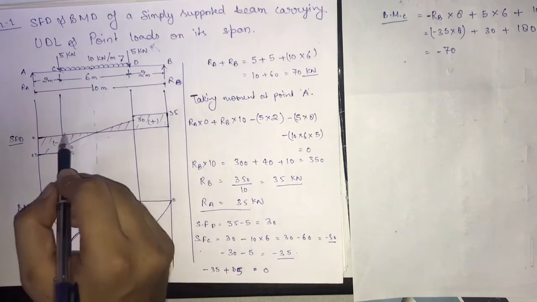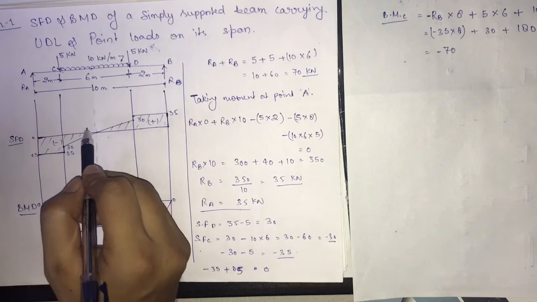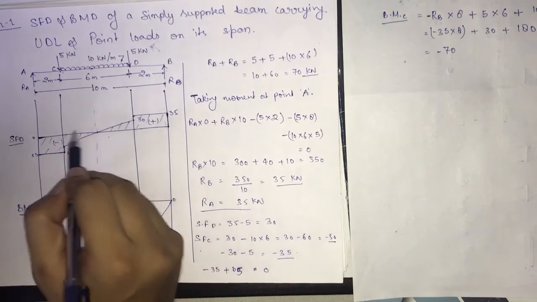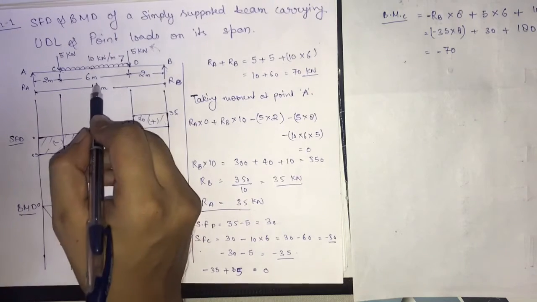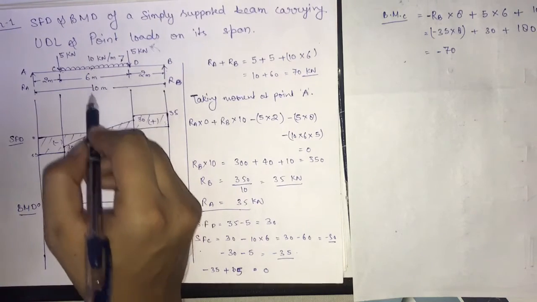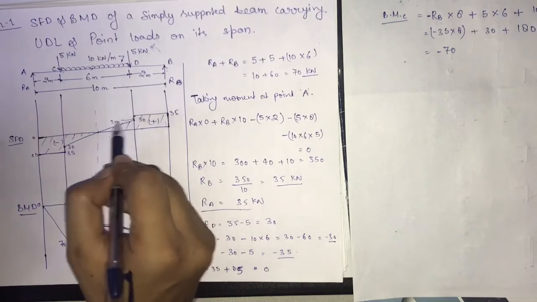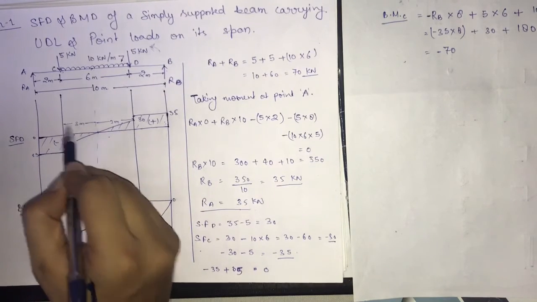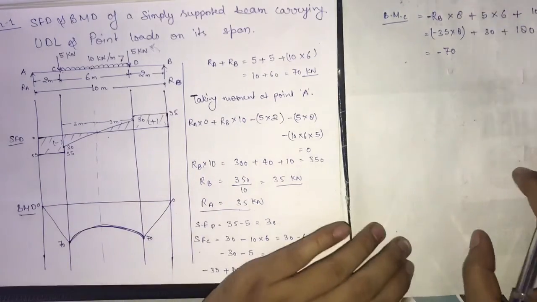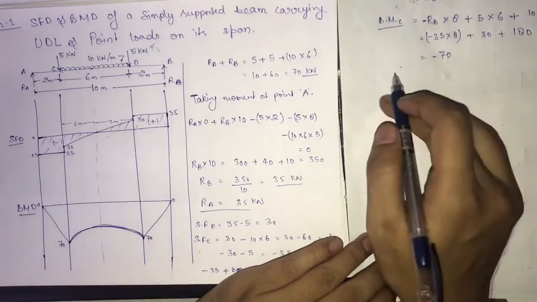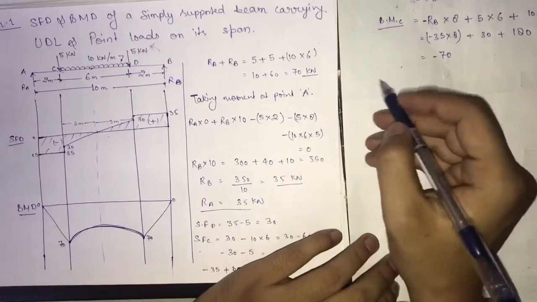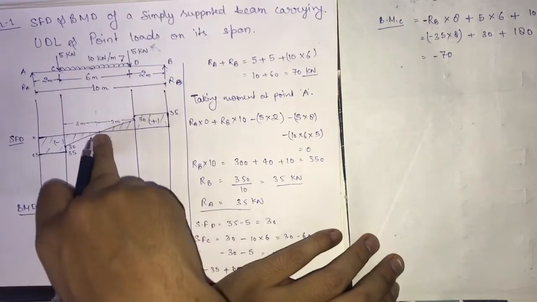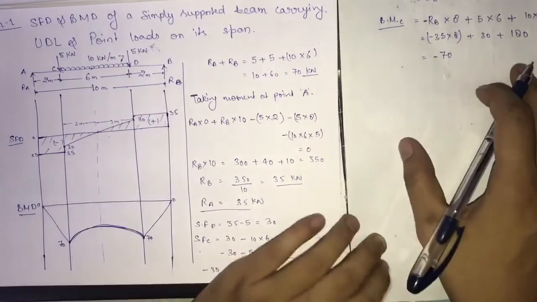So it is clearly seen that the distance will get half distributed, 3 meter and 3 meter. But I'm going to calculate this distance of the UDL to find the point of contraflexure.